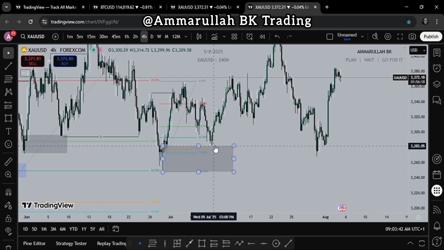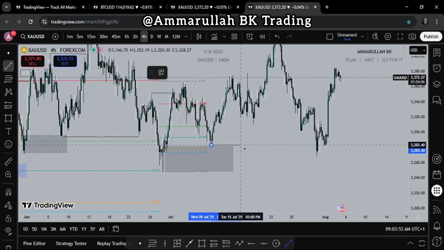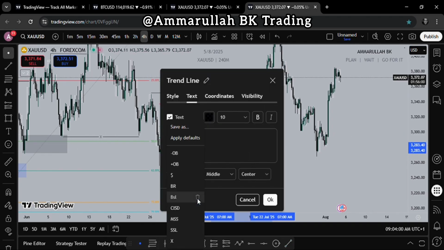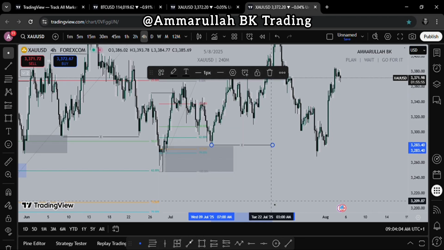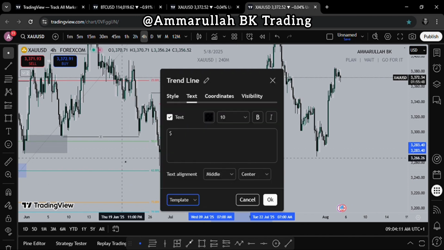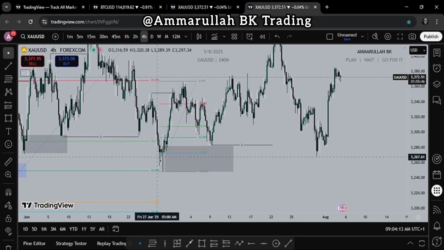This is what we call an incomplete pullback. An incomplete pullback always serves as an inducement, right? It will do as if it wants to come back to the main place we are expecting the market to be. Then it will fail to reach the particular place, either a fair value gap or an order block.